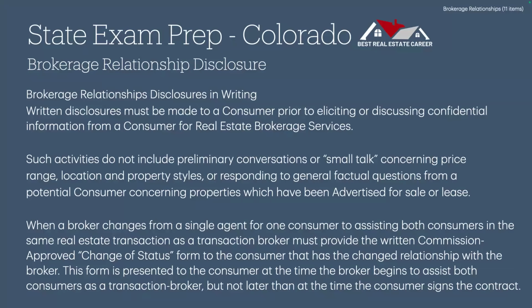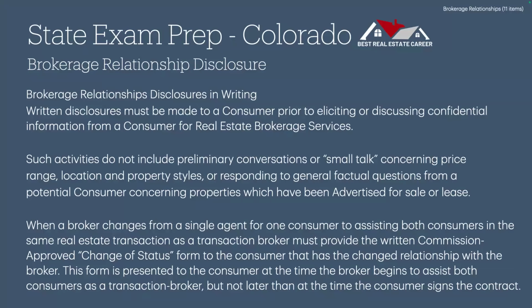Good luck. That's not this. You've already had this conversation up front with them and they've given you permission to do this. If they don't want you to do this, there's a checkbox that says no, no, no, no. You're going to be my agent through this whole thing. You are not going to be a transaction broker ever. But yet, if they do give you permission and this opportunity does arise, and it does not arise often, you have to immediately give this change of status when you are going to switch.